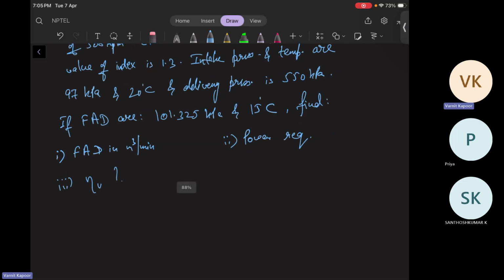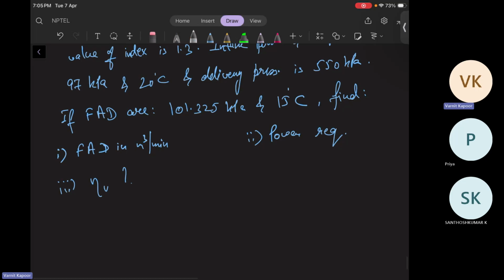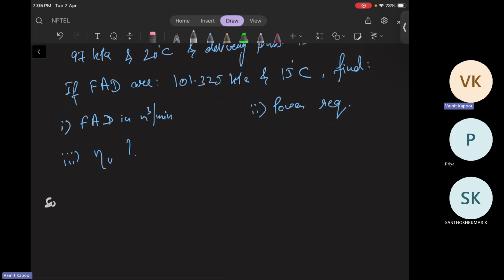Let us solve this. Solution. So let us write what is all given to us. D is given 0.2 meter, 200 mm. Length is given 300 mm, so 0.3 meter. Then RPM is given to you, that is 500 RPM. Index is given 1.3.